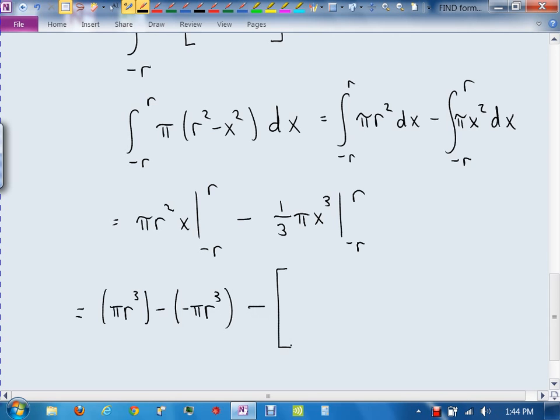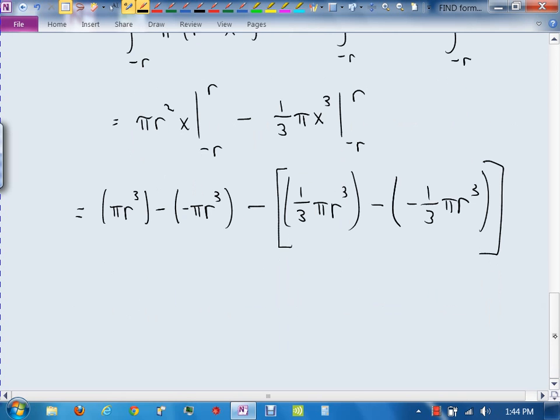Now let me do this in brackets here. First plug in r, what do you get? Negative 1/3 pi r cubed. Or no, not negative. I'm putting the minus here. So 1/3 pi r cubed. And then minus, what do you get when you plug in negative r? Negative 1/3 pi r cubed.